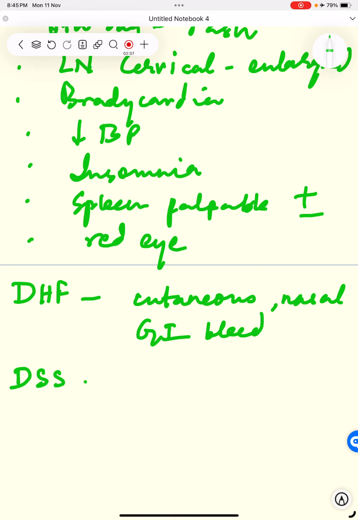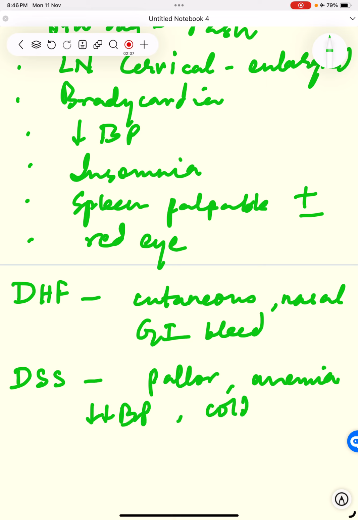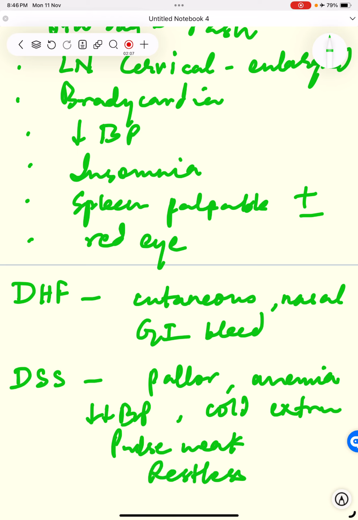In case the patient has now come to the dengue shock syndrome, then the patient will have classical features of shock like pallor, anemia, BP will be very low, the patient will come to you with cold extremities, the pulse will be weak, and they will be restless. So we have to be fully aware that this is a stage where the patient might need to be admitted in the emergency department.